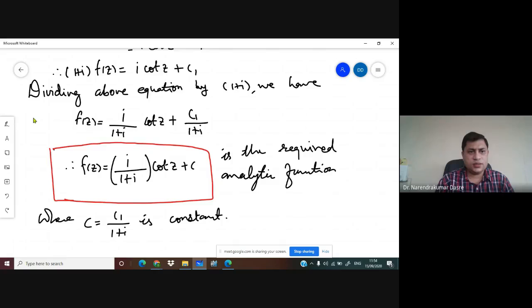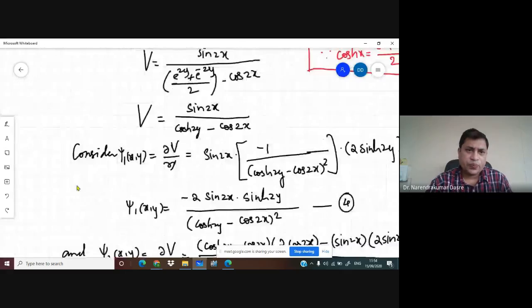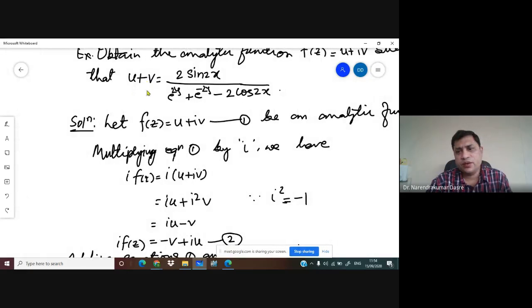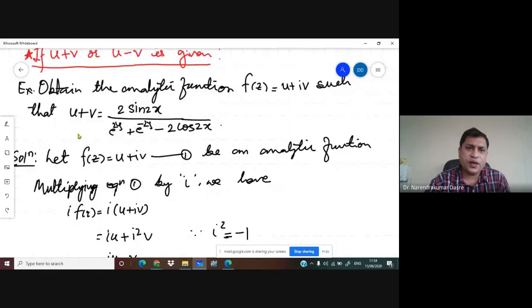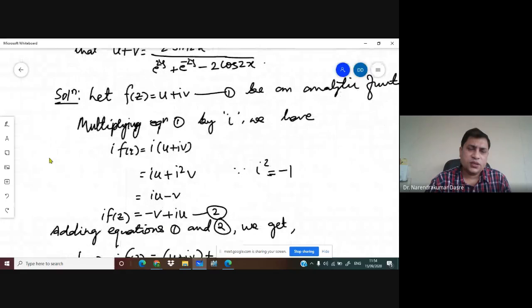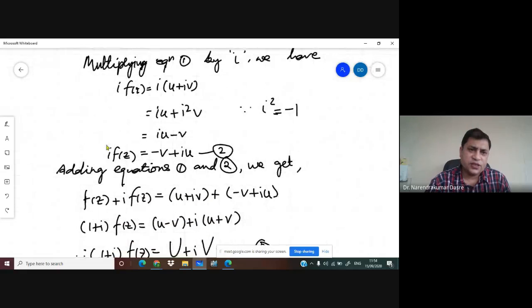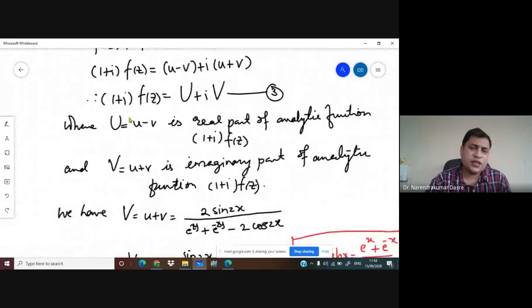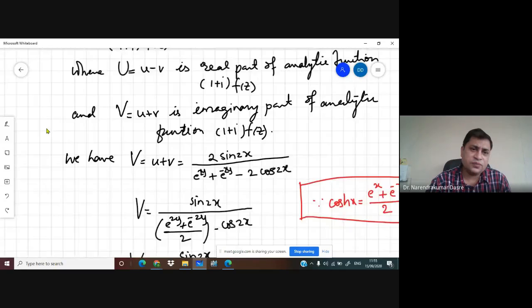So here what was given to us was u plus v, and using this u plus v we have calculated the analytic function. So how we started? First we assume the function, then we multiplied by i, then we added this term. Then after that we identified whether the real part is given or the imaginary part is given.